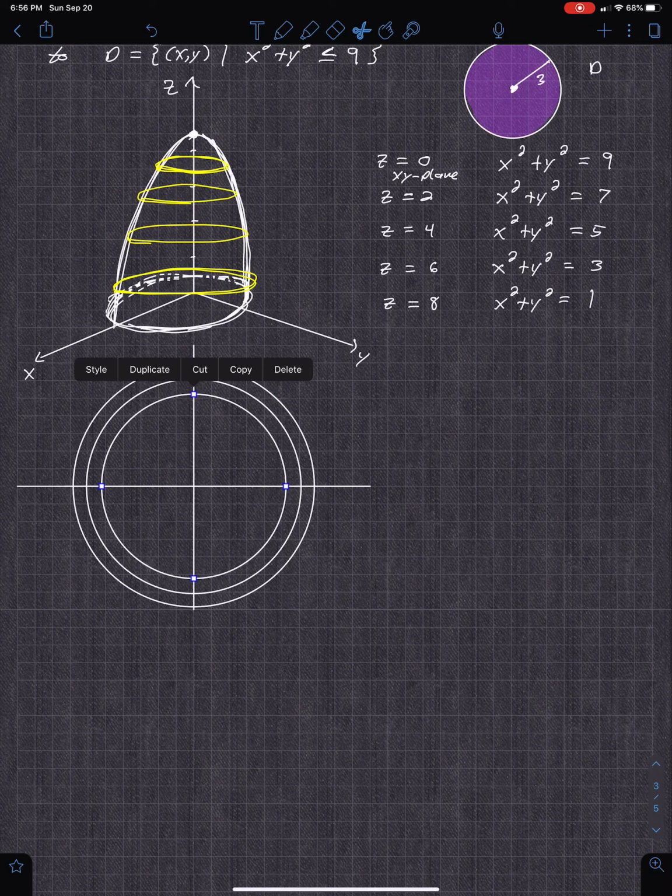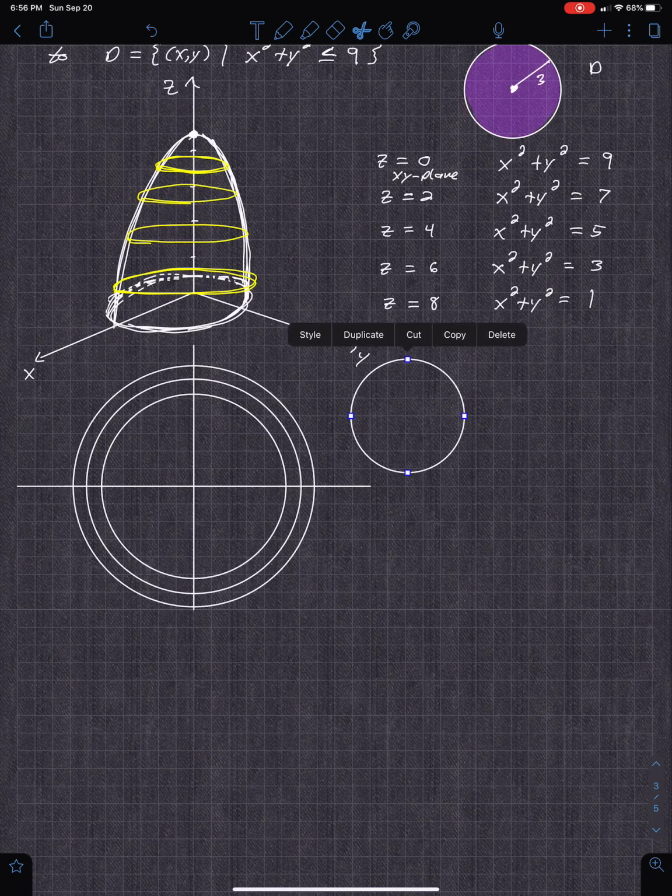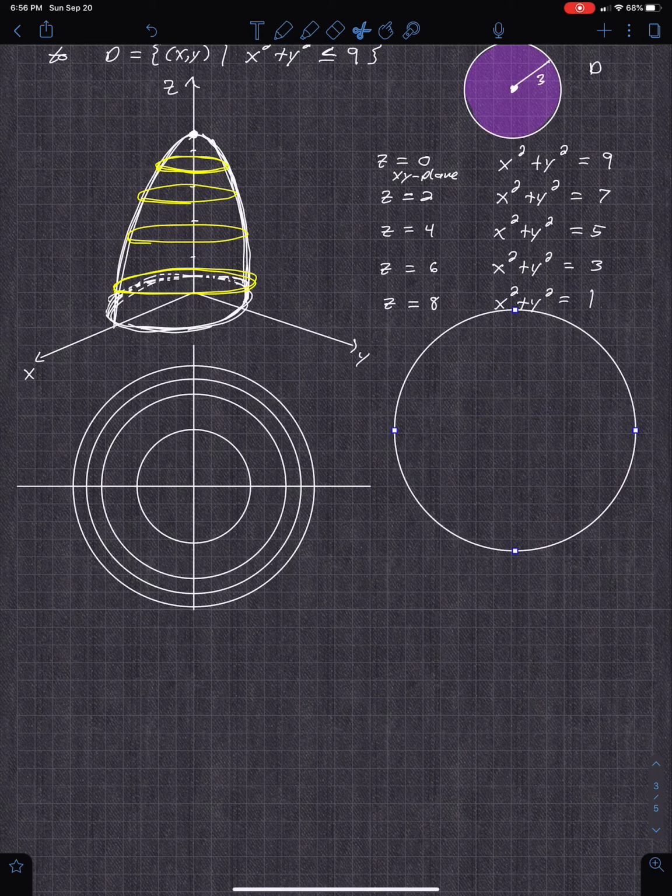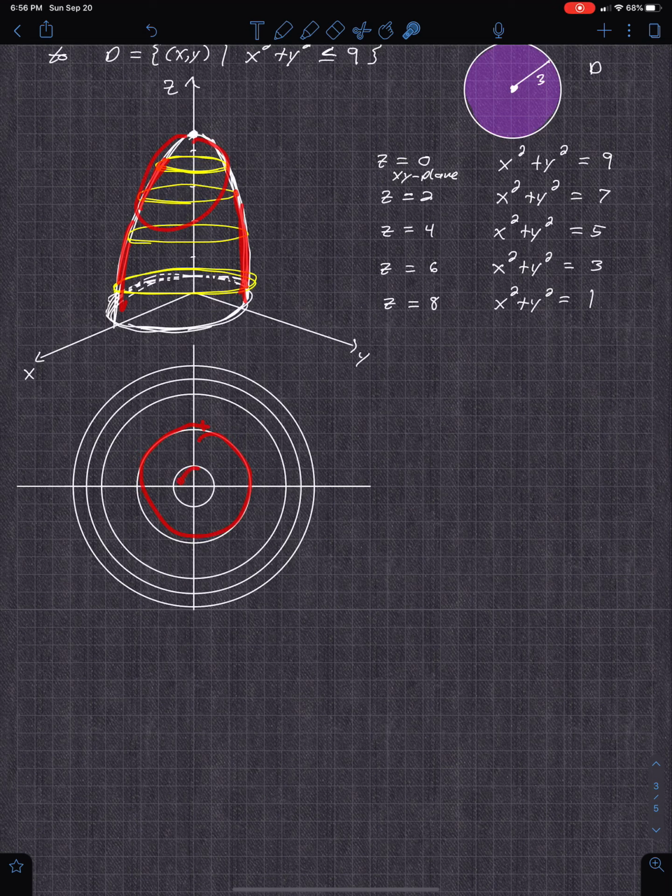Okay, so those are close together, but then as you get in closer and closer, they're going to be farther apart, like that. Because what we know is on the outside it gets really steep compared to the inside. So these inside will be farther apart when you project it down.